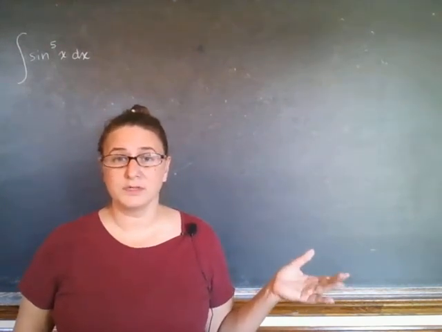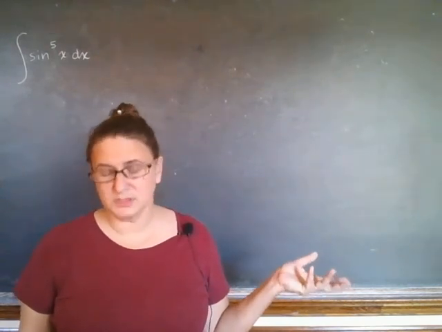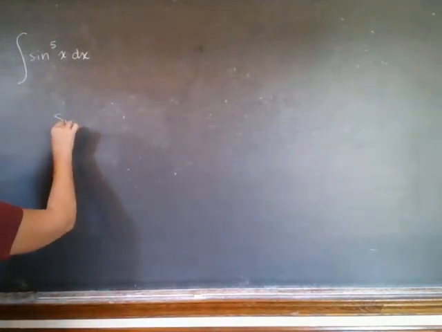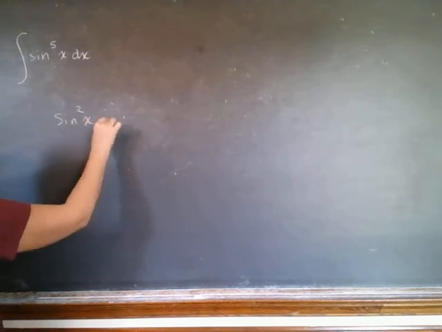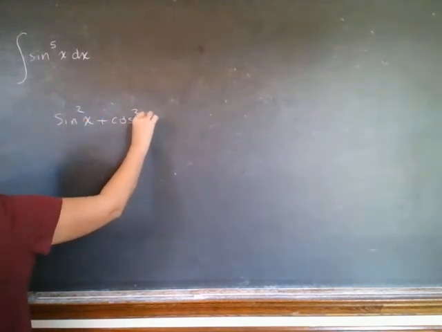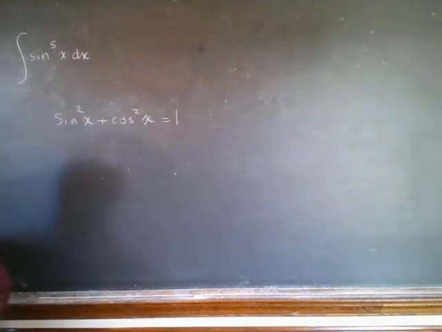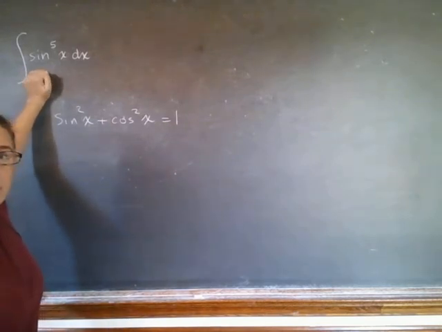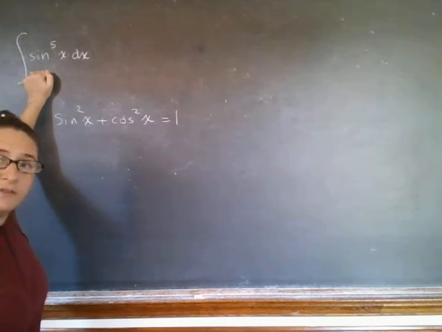But for the first two examples, all I need is the Pythagorean identity, meaning sine squared x plus cosine squared x equals 1. Now notice this. This sine has an odd power, right? It's 5.